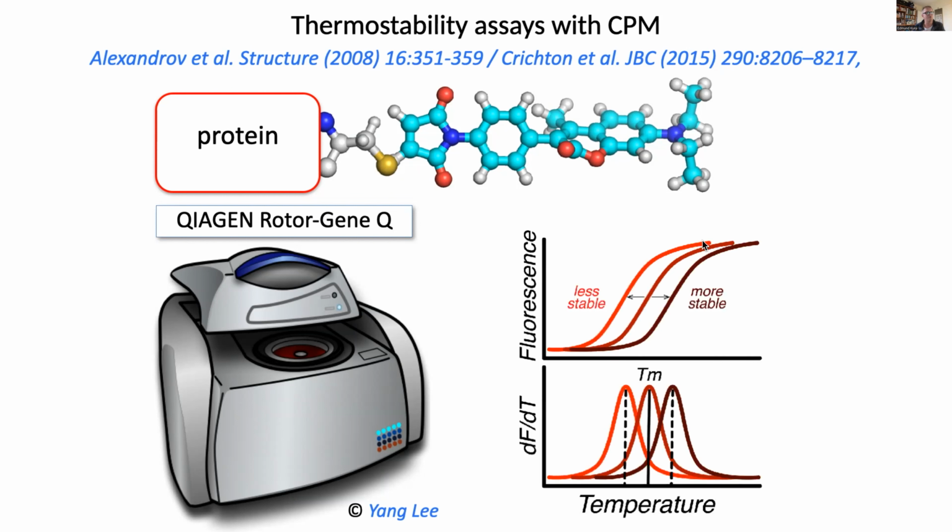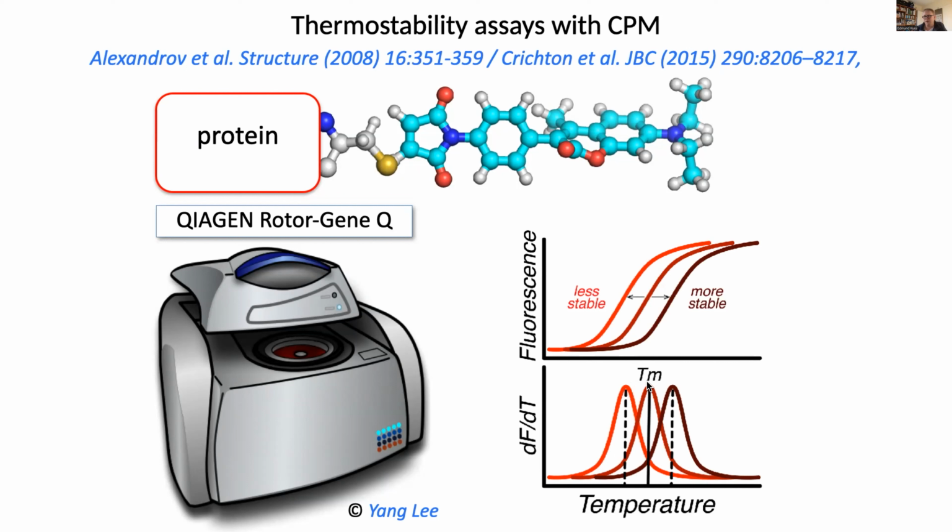It's a sigmoidal curve of which you can calculate the derivative. And then the inflection point or the peak point of the derivative we call the melting temperature. It's a representative temperature that gives a measure of the thermal stability of your population, where roughly 50% of your protein has unfolded.